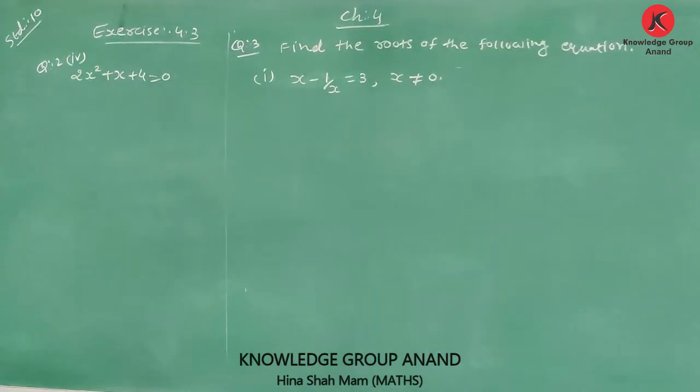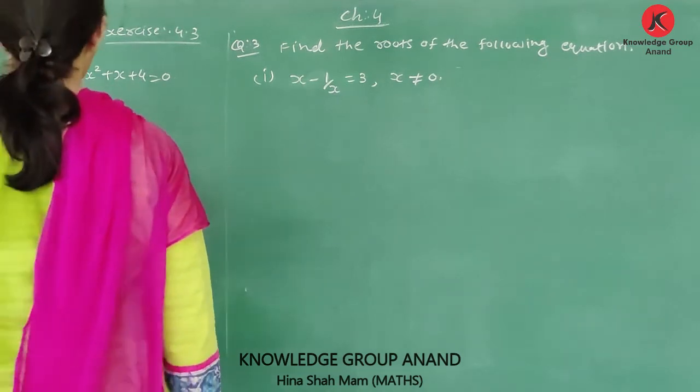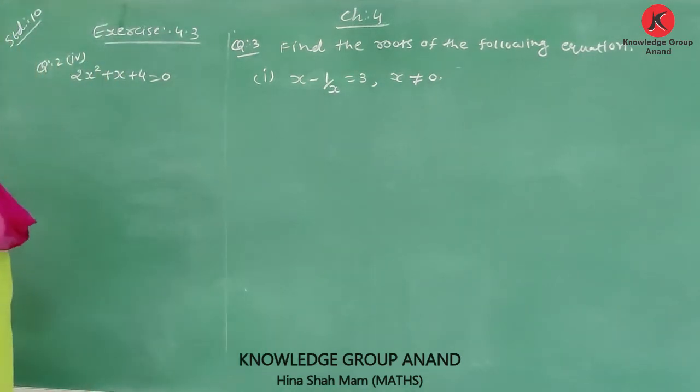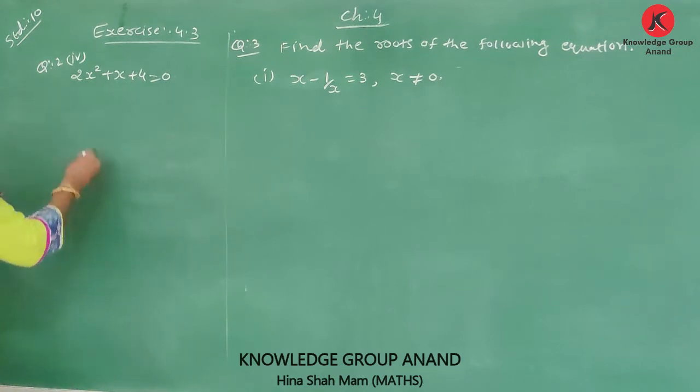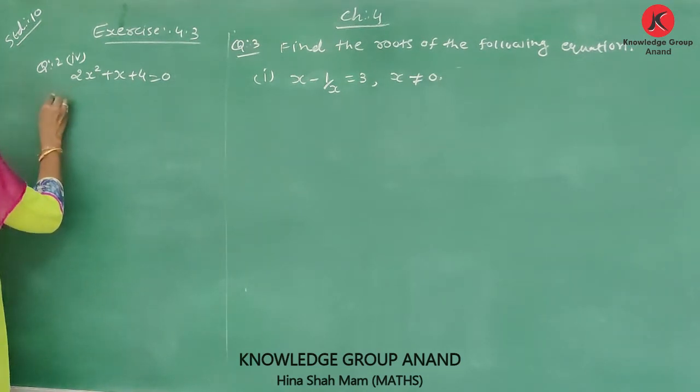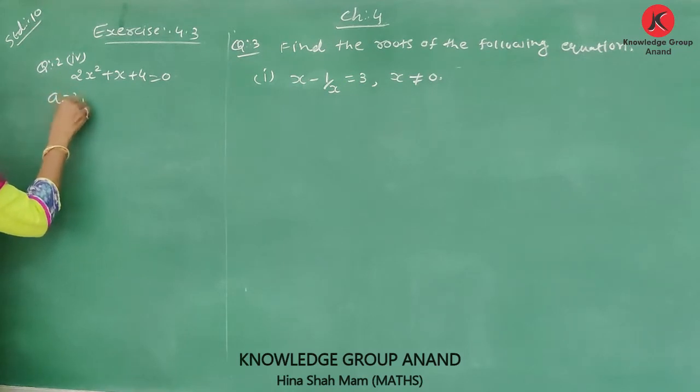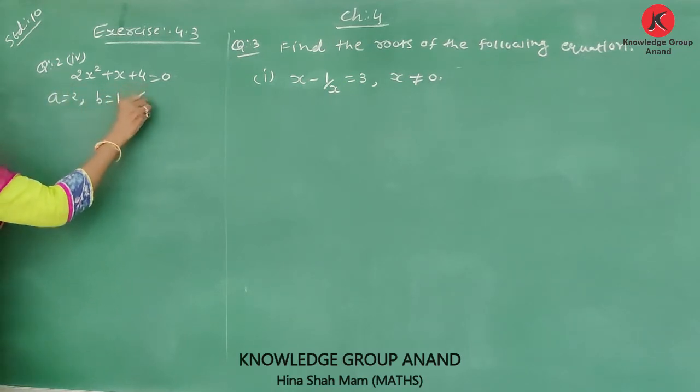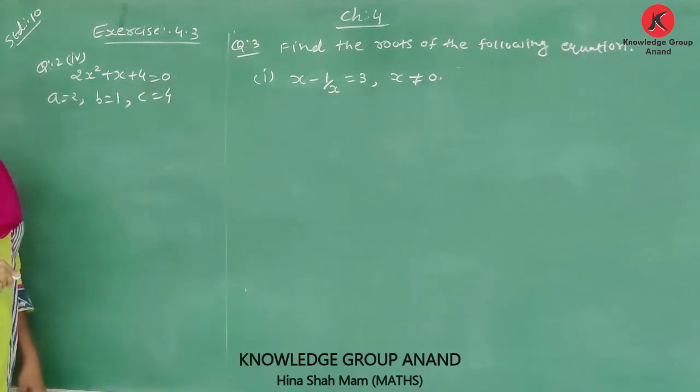Now we start. Question number 2, number 4. 2x square plus x plus 4 is equal to 0. Here a is equal to 2, b is equal to 1 and c is equal to 4.